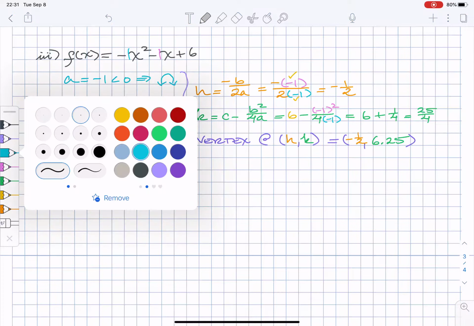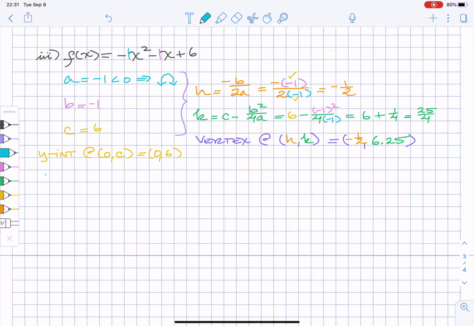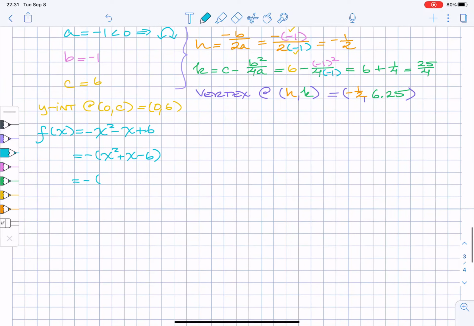So now the x-intercepts, we have to factor f of x. So negative x squared minus x plus 6, I claim is going to be negative the quantity x squared plus x minus 6. So I'm looking for 2 integers, which have a product of -6 and a sum of 1.